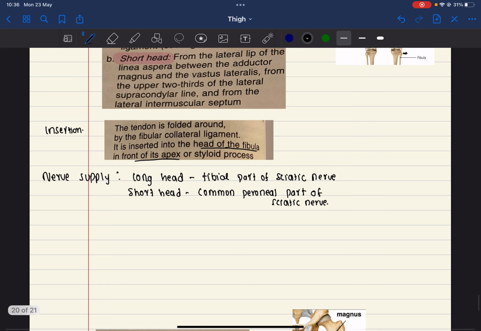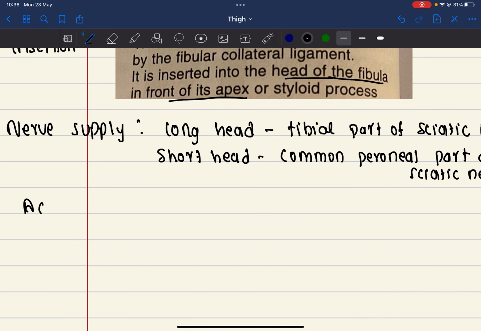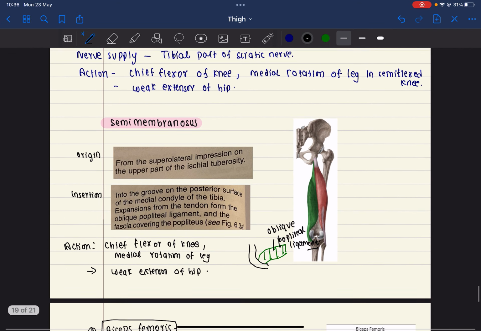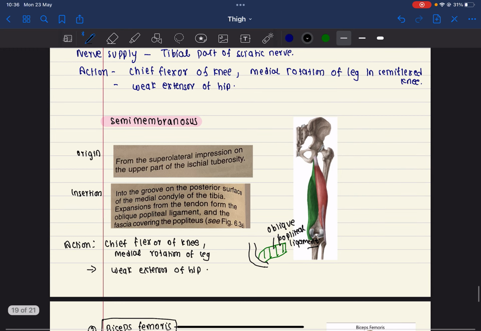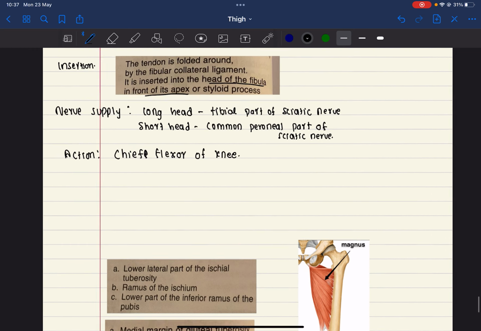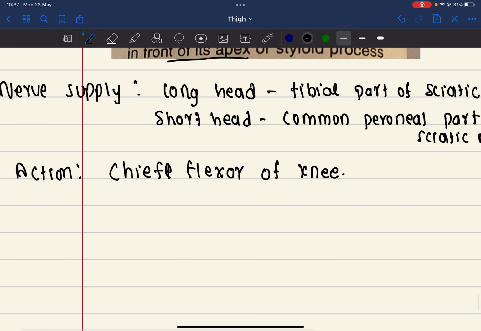त्यसपछि यसको action आउँछ. Action हेर्ने भने it is the chief flexor. यो चाहिँ एउटा chief flexor of knee. त्यस्तै गरी यो medial rotator हैन, हाम्रो माथिपट्टिको त्यो semitendinosus र semimembranosus, they were inserted into the tibia and they were the medial rotator, they caused the medial rotation. तर यो चाहिँ fibula मा गएर insert भएको छ, and so it is the lateral rotator.